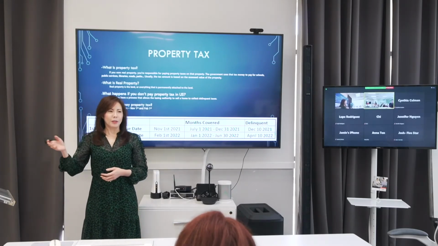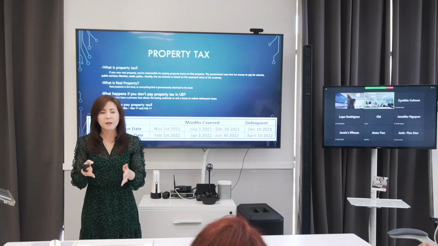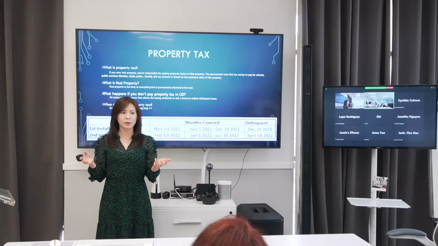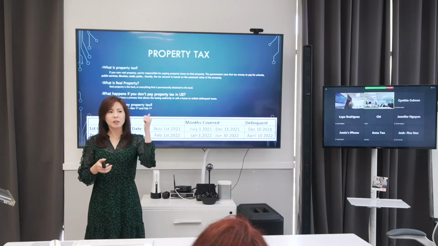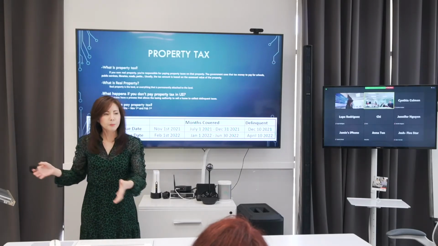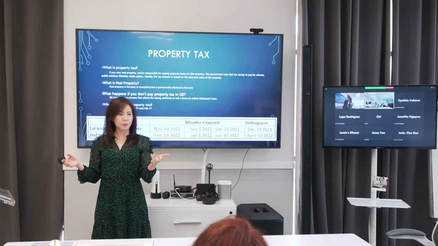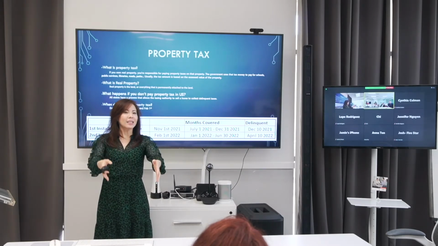What is real property? If you own real property, you are responsible to pay property tax. But what is the definition of real property? We all know personal property is the TV, the computer, your phone, furniture. That's your personal property. Real property is the land, or anything attached to the land.